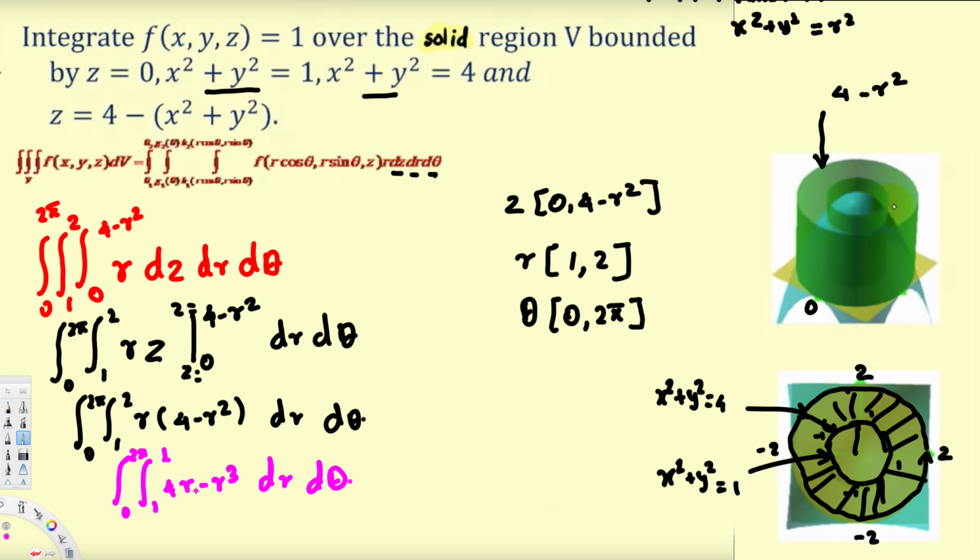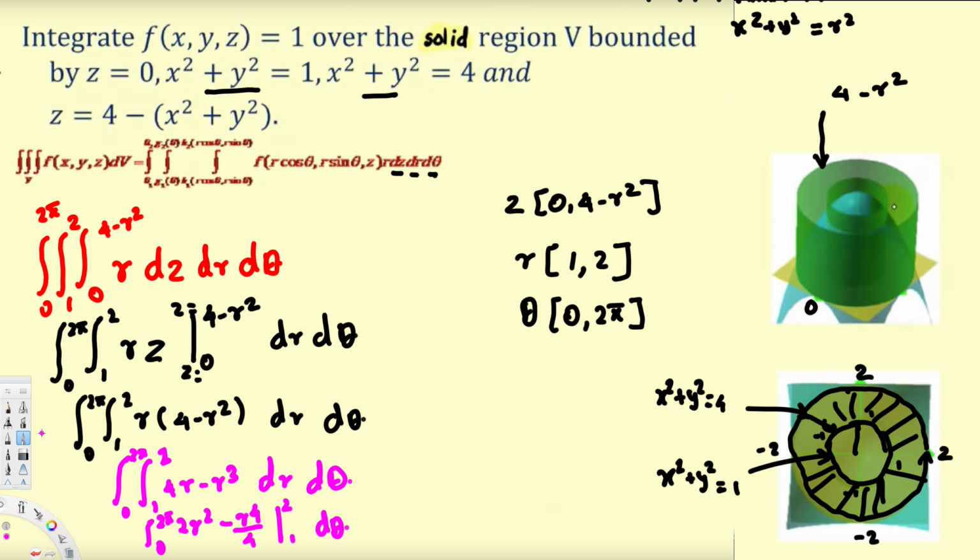Now if we integrate this one with respect to r, this is going to be 4r square divided by 2. That's going to become just 2r square, and here we are going to have r power 4 divided by 4. Okay, I had to write one more thing, because we are going to integrate this one from 0 to 2 pi, and the limits of integration going from 1 to 2, 1 to 2 d theta.